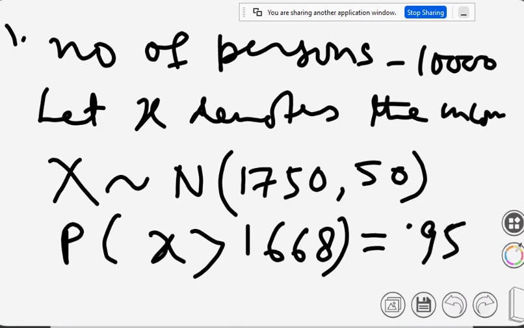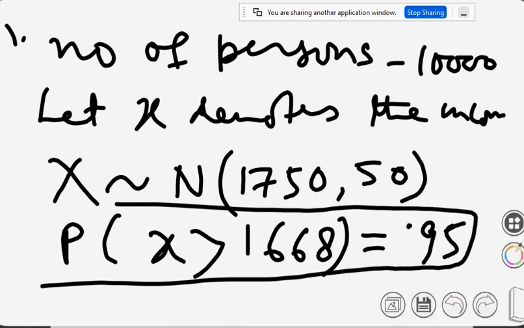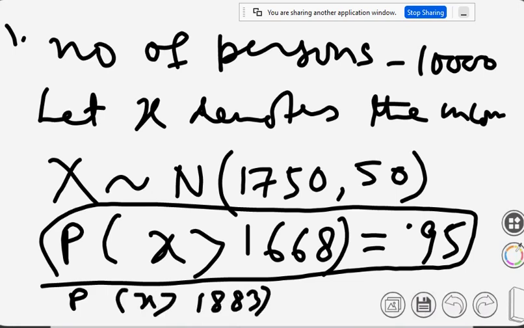You have to prove that the income exceeding 1668 is 95%, that means 0.95, and only 5% had income exceeding 1832. So probability X greater than 1832 is equal to 0.05.